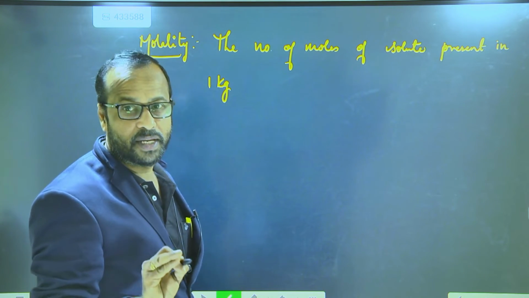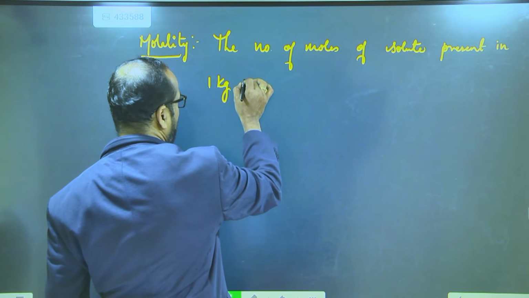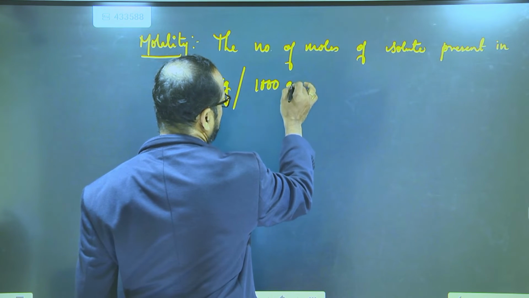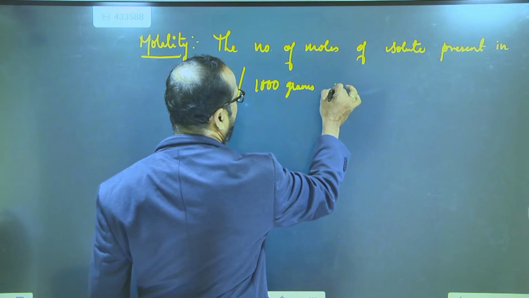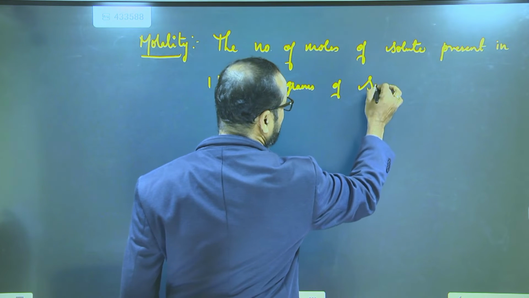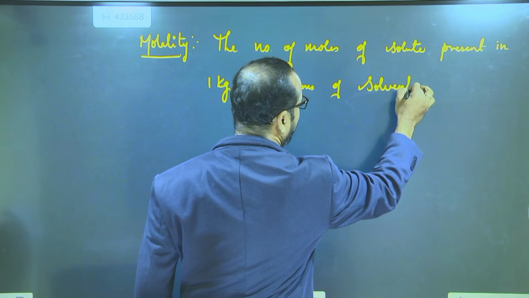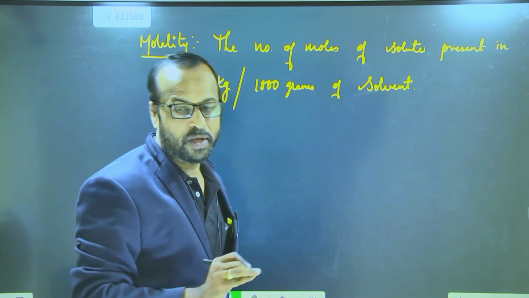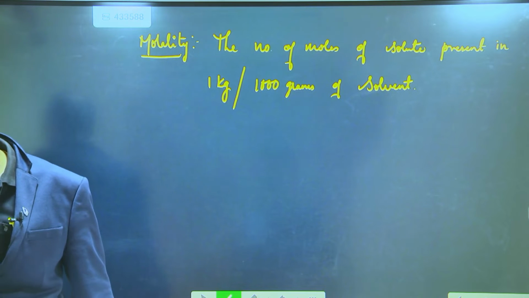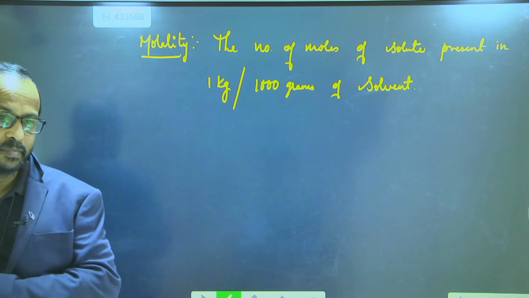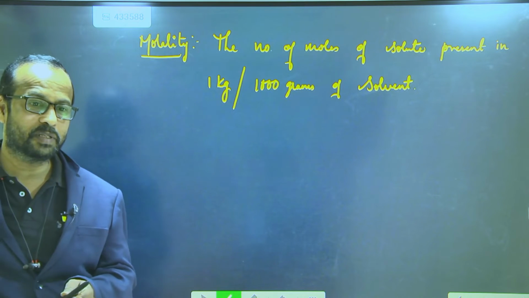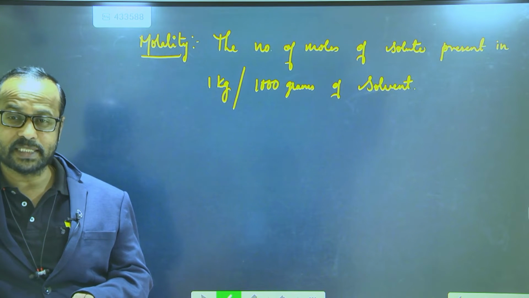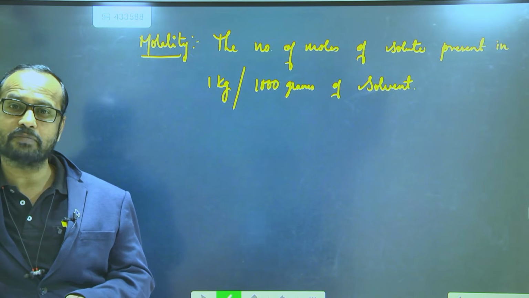Here we are writing 1 kg, or 1000 grams. 1 kg means how many grams, sir? 1000 grams of solvent. This is also important. There we have written 1 liter of solution, but here we write the solvent. The number of moles of solute present in 1 kg or 1000 grams of solvent.